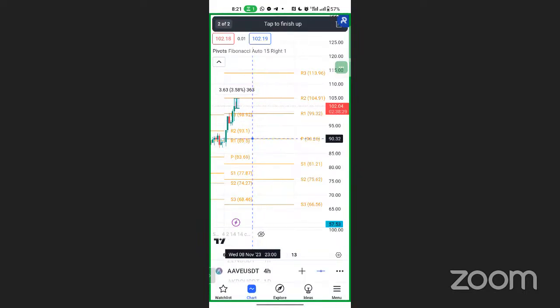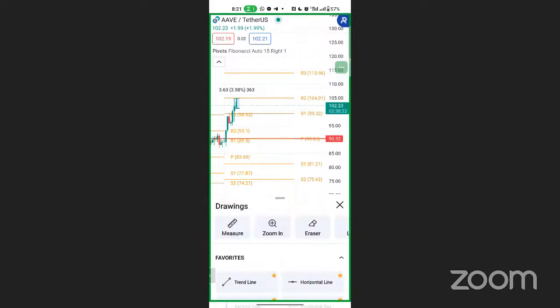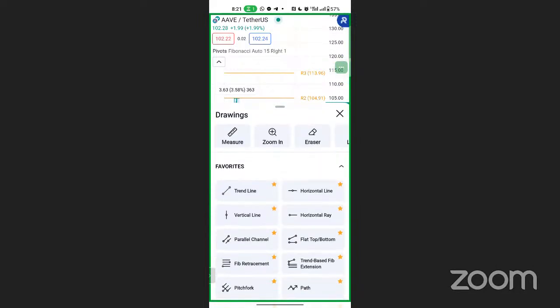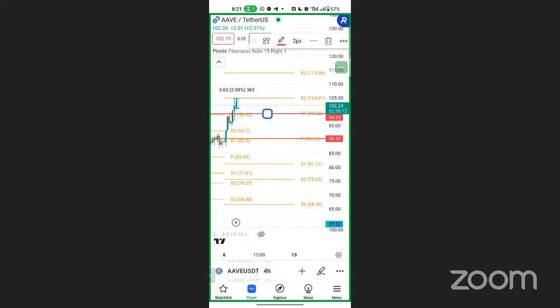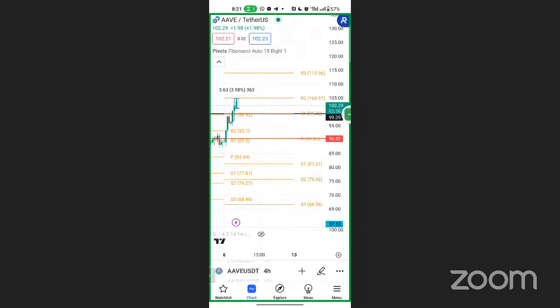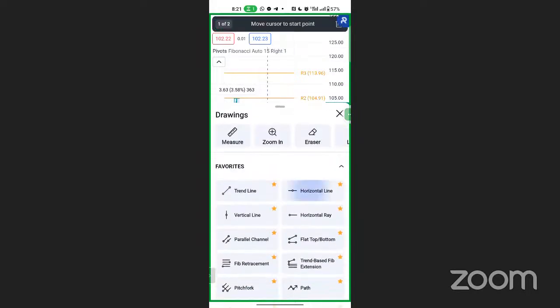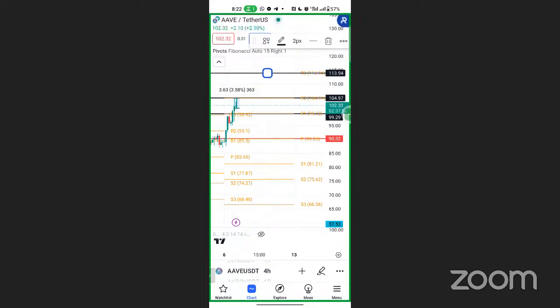So I will draw a line, and I'll make this red in color because it is the pivot point. Then I'll pick my horizontal line, draw my line at resistance 1, and I'll make it black for identification. Then I'll go to resistance 2 and I'll make it black too. And then I'll go to resistance 3 and I'll make it black too.